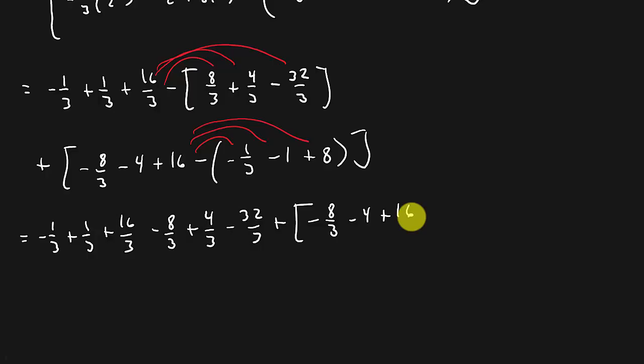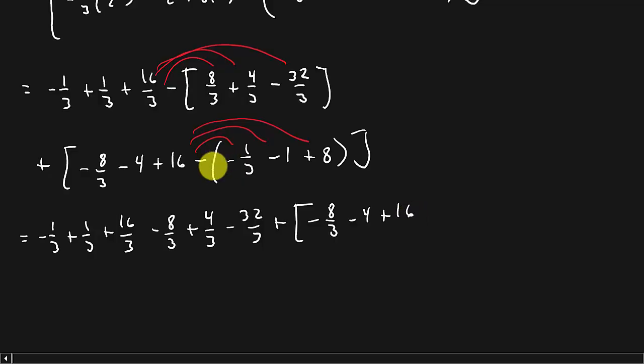If you have to do more than a few steps, if you need to add in some extra steps, do that. Okay, it's better to do that than make careless mistakes. All right, so let's distribute this negative. So it's going to be plus 1/3 plus 1 minus 8.